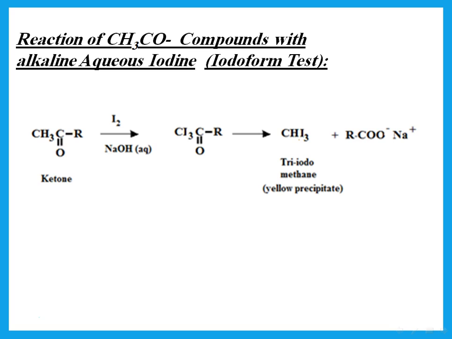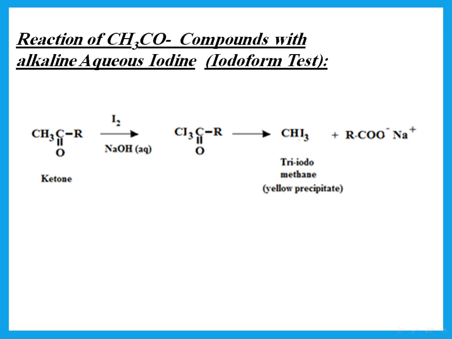That's wrong. Okay, so reactions of the carbonyls with aqueous iodine, alkaline aqueous iodine. This is called the iodoform test. And this is a test to show the presence of a certain group. If I have a ketone that has CH3CO, I can show that it has this group because it will react with iodine in presence of sodium hydroxide aqueous.